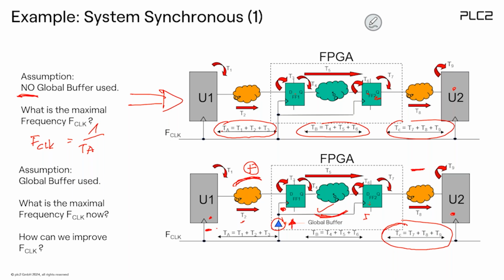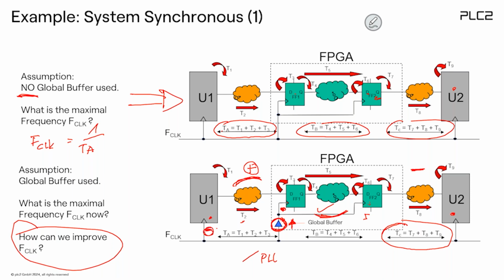Okay, so what is the solution? How can we again improve the FCLK and still have the buffer? And again, that will be part of my next webinar. So if you use a PLL here, you know what a PLL is doing? The PLL actually has all the advantages of a buffer, no skew, but also the advantage of the phase relationship.